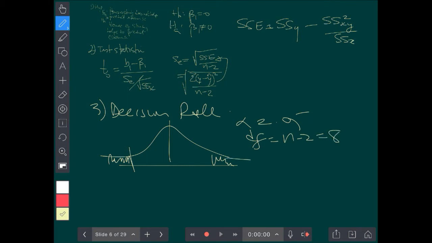So therefore this becomes the rejection region: negative 2.306, and 2.306.